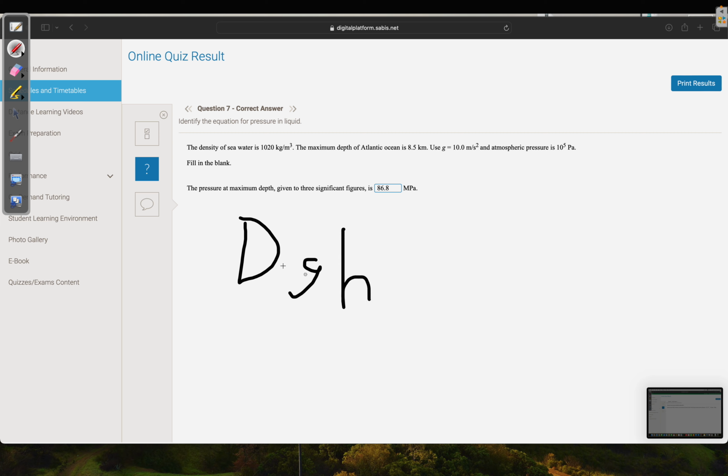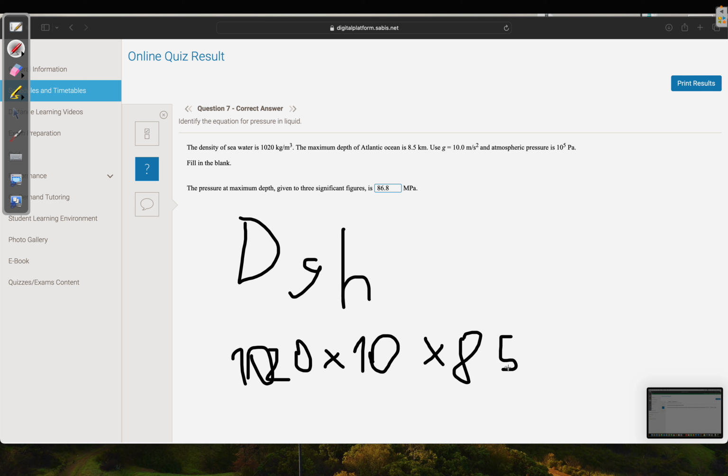Density is 1020 times 10 times 8500, because we're going to have to convert kilometers to meters.